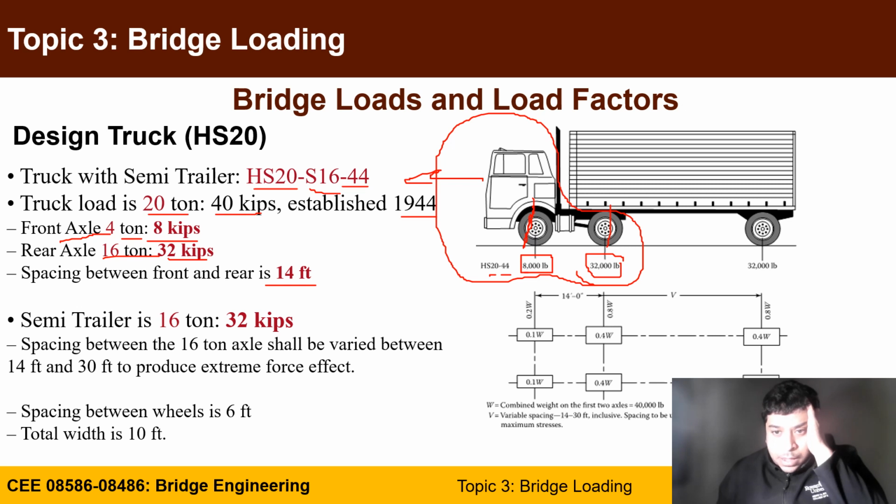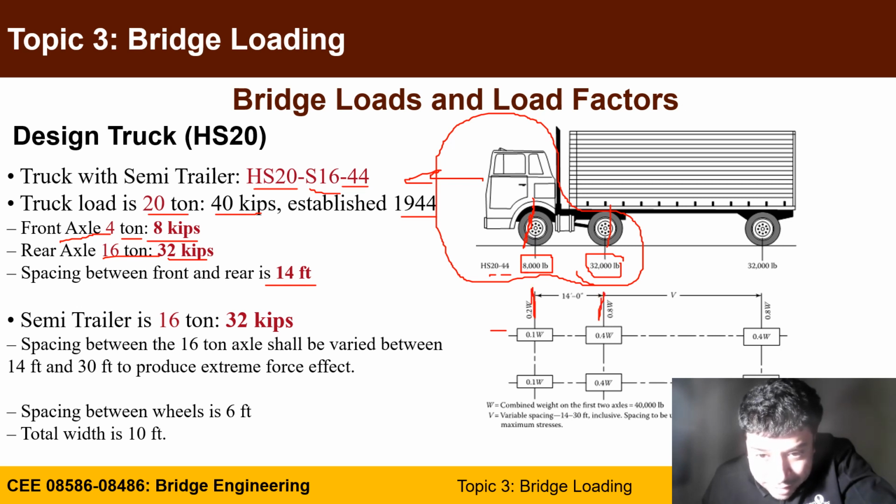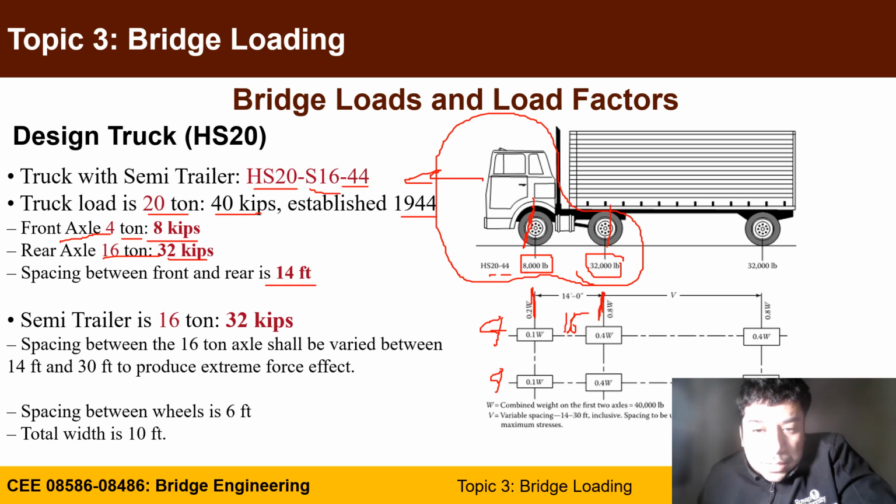The summation of the load on each axle is 8 kips for the front and 32 for the rear. In the bottom plan, this is your front axle and this is the rear axle. The distribution of 8 kips will be 4 kips here and 4 kips there, and 32 will be 16 kips and 16 kips.